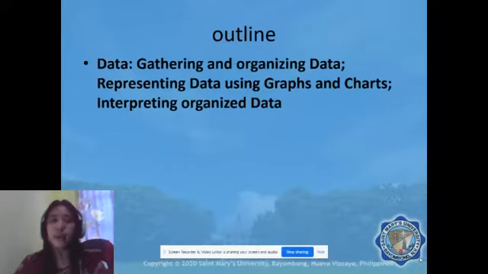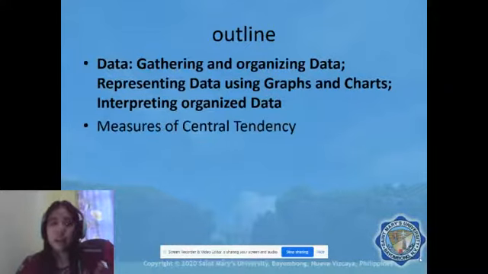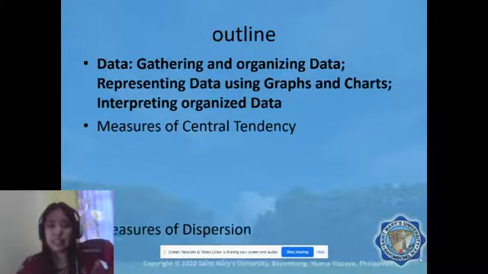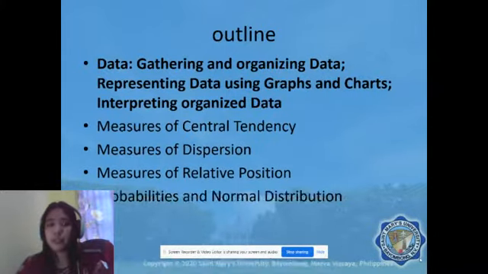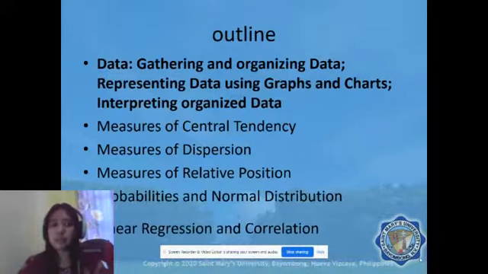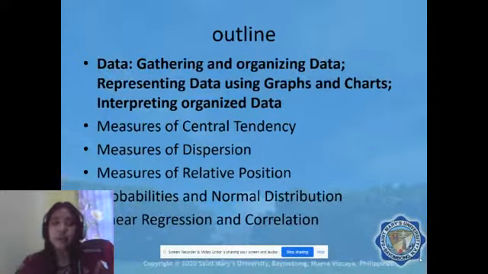So we have data, which will consist of gathering and organizing data, representing data using graphs and charts, and interpreting organized data, followed by measures of central tendency, measures of dispersion, measures of relative position, probabilities and normal distribution, and lastly, linear regression and correlation. So the focus of this video is to consider the first one, which is the data.